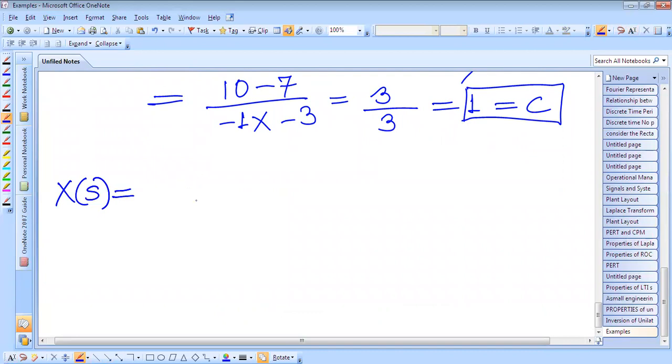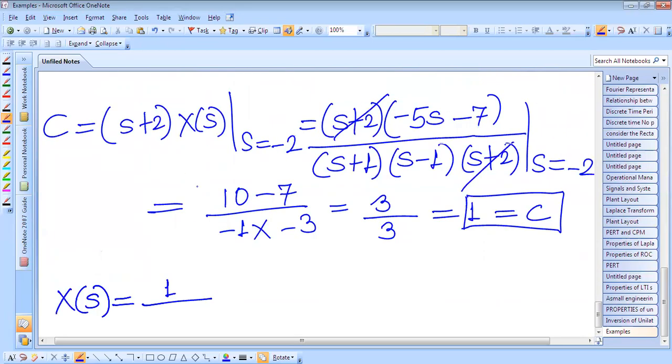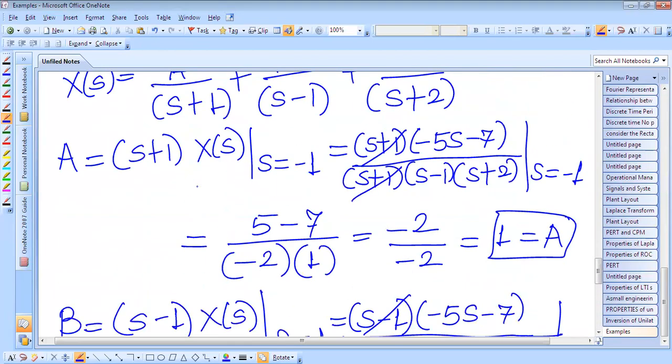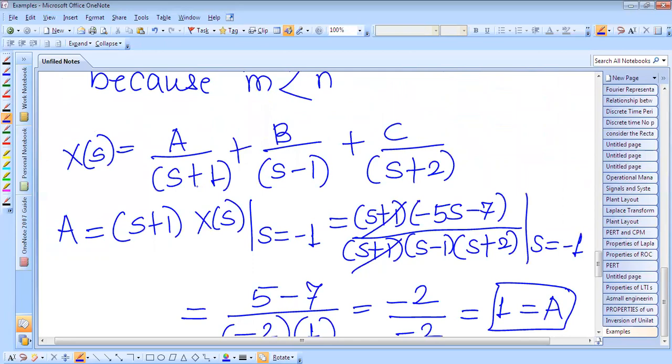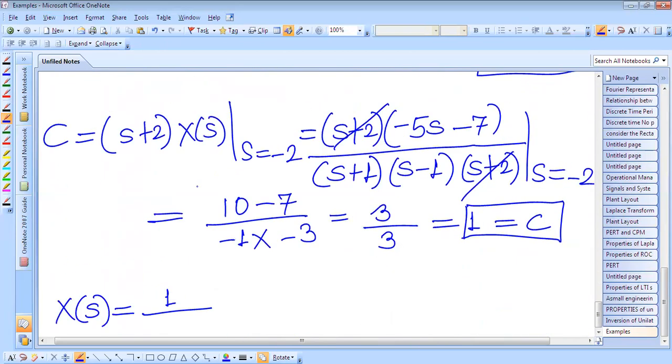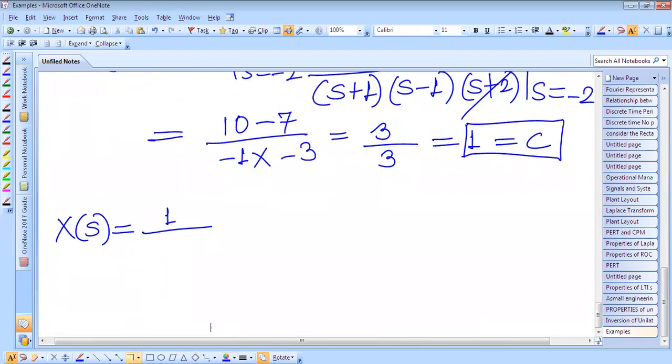Okay. So the next is where to substitute this in the given expanded equation. X(s) here is, we have got A as 1, so 1 over s plus 1. What is the value of B?